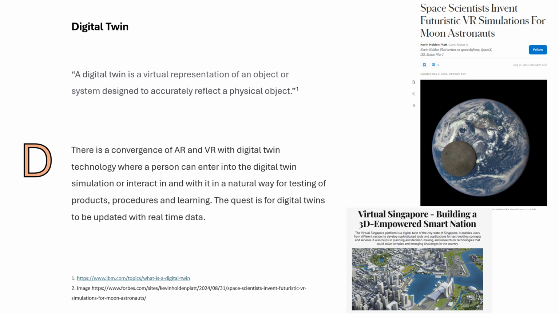This is an emerging area, but something to look out for, and it's being used, for instance, by NASA at the moment to create training environments or training simulations for astronauts.